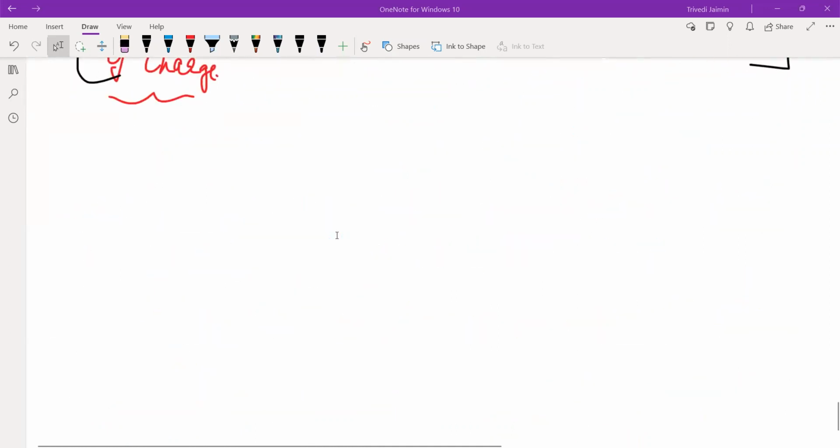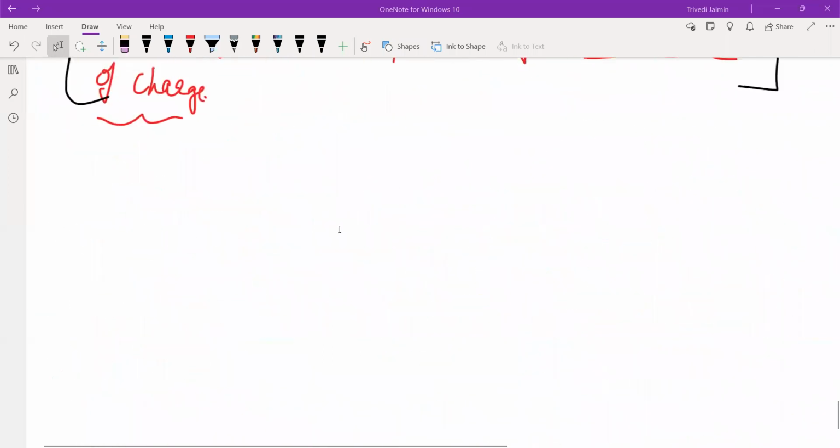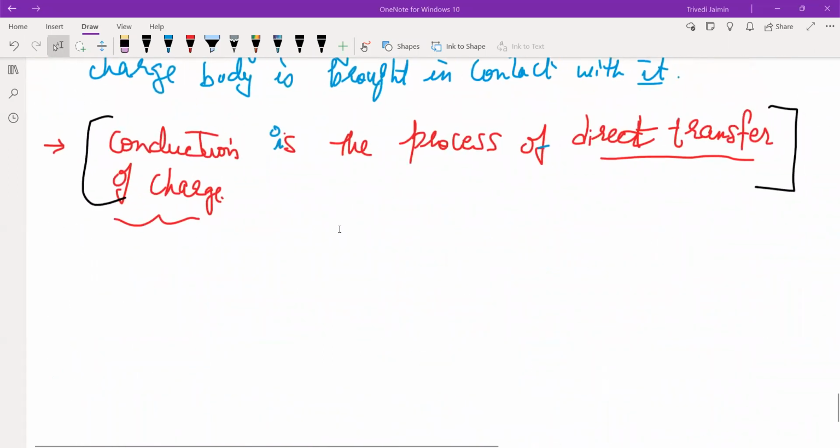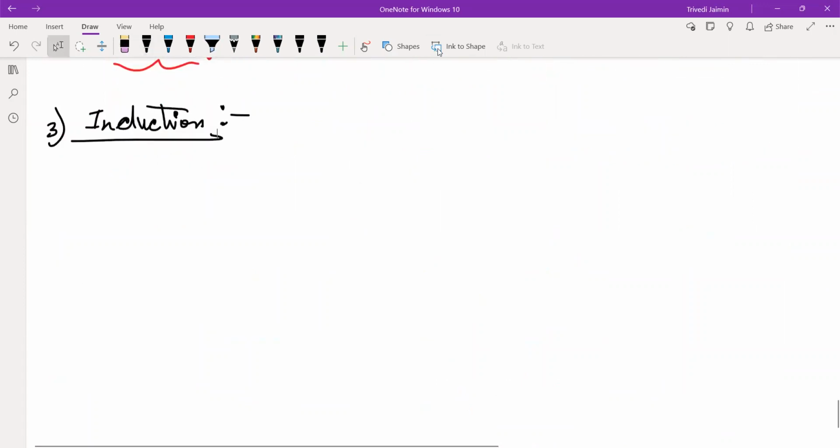Okay, then let's go with some more points. Let me check. Friction we wrote, conduction we wrote. Next is induction. Have you heard this term induction? Induction cooker or induction stove?